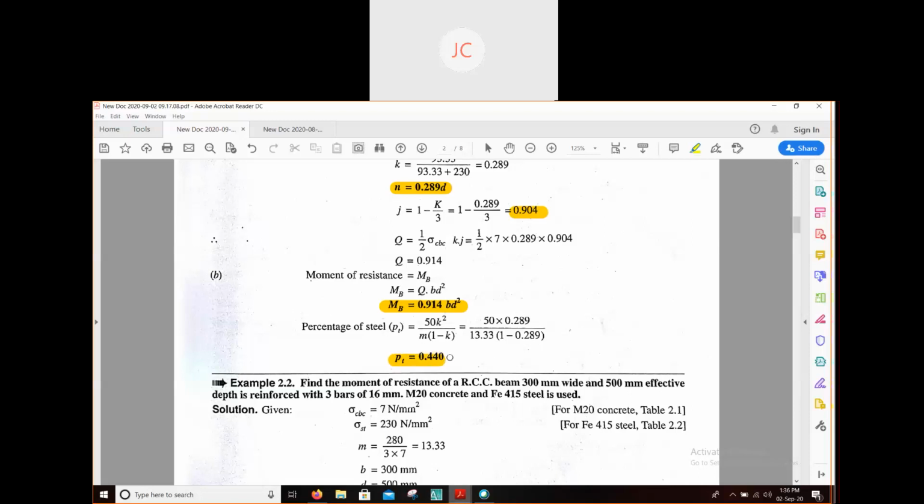All of you have got this answer? See the calculation.